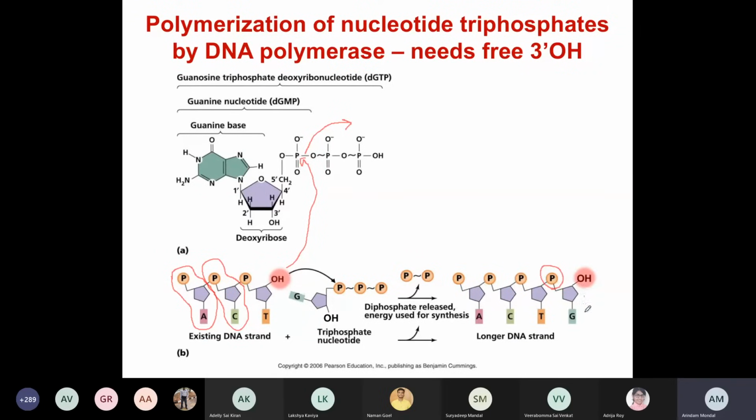As a result, this nucleotide got incorporated into the existing DNA chain, regenerating another 3' OH, which is now ready to conduct the next step of the reaction, which is incorporating the next nucleotide in the DNA chain. So this is how the DNA polymerization happens.